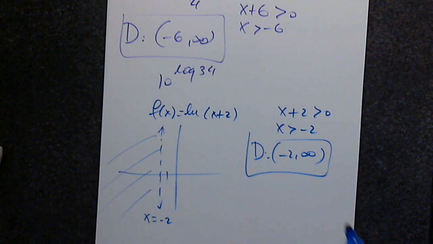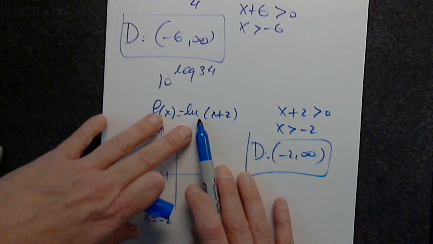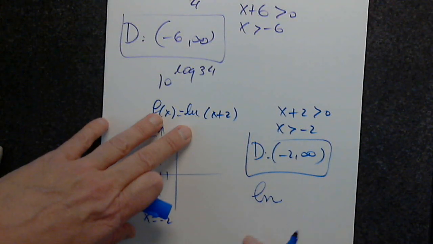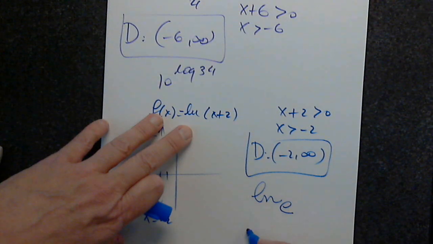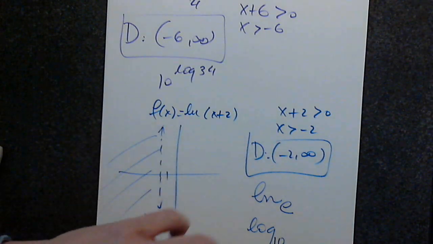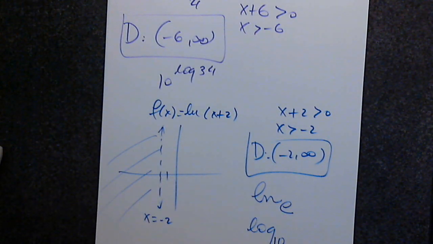Secondly, what is the base of ln? E. What is the base of log? 10. We don't write these bases though. And we saw that in the calculator, we have those keys.